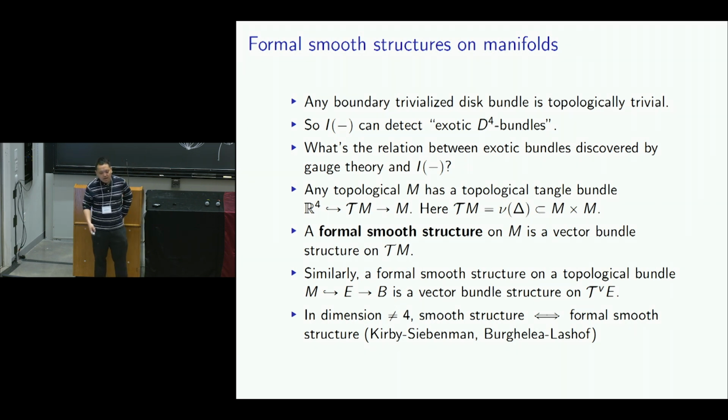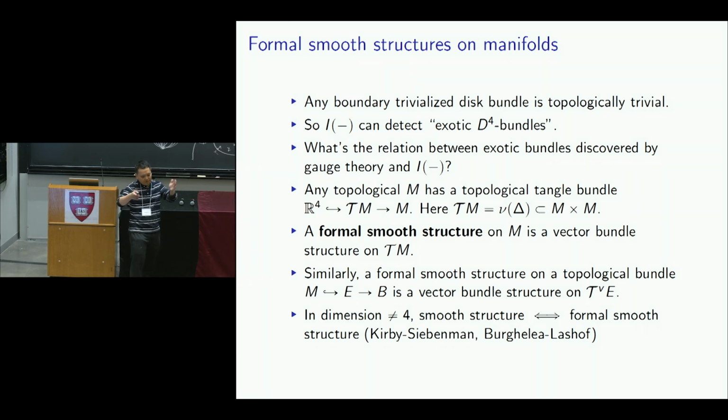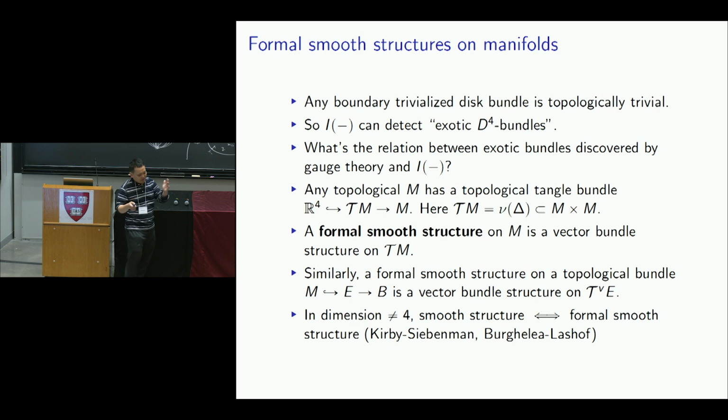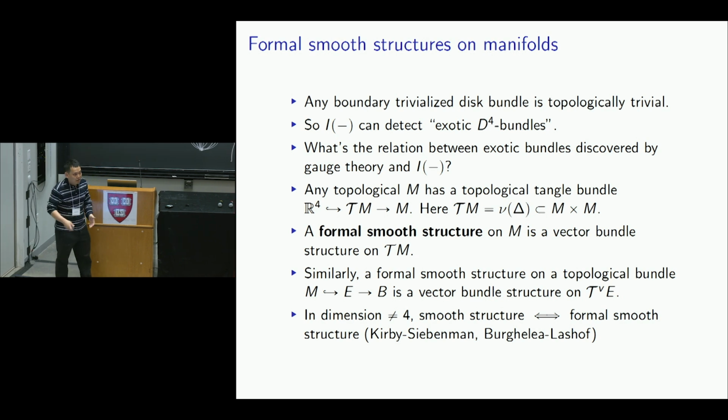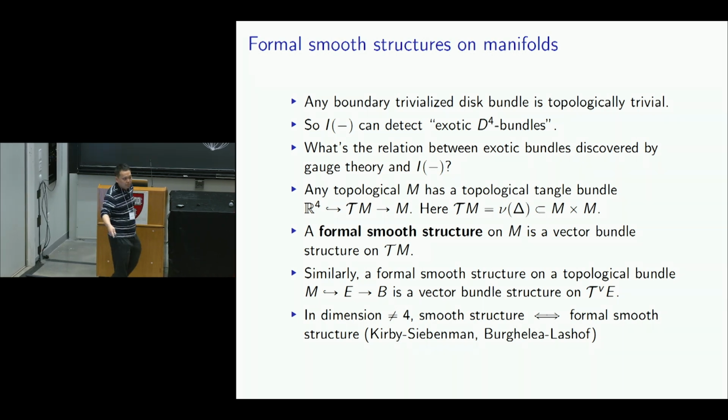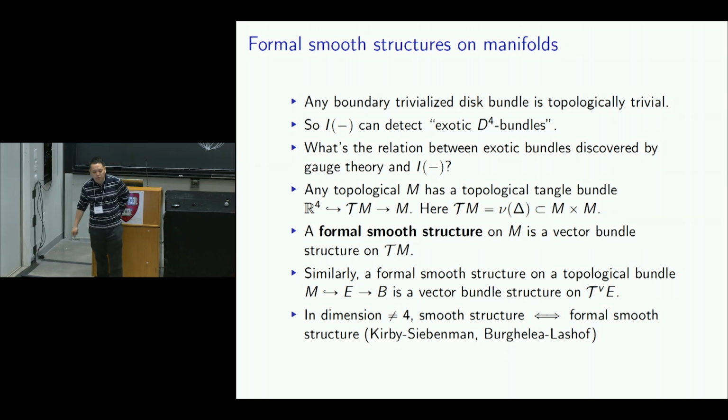It states that in dimension not equal to 4, formal smooth structure is essentially equivalent to smooth structure. Namely, if you have this linear structure on the tangent bundle, this is essentially an h-principle kind of result. You can patch this linear structure together and get a smooth structure on the manifold. This works in any dimension not equal to 4.